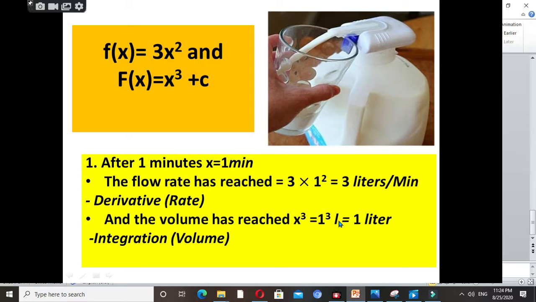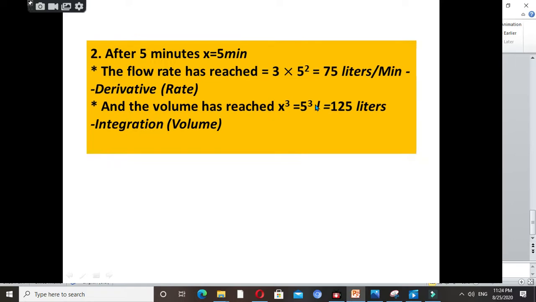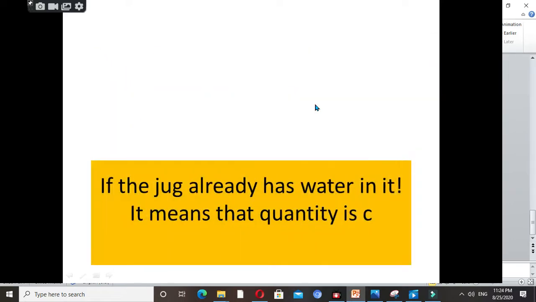In this case also plus c, in the next case also plus c, and whatever quantity is given is the value of c. So here it is written, if the jug already has water in it, it means that quantity is c.